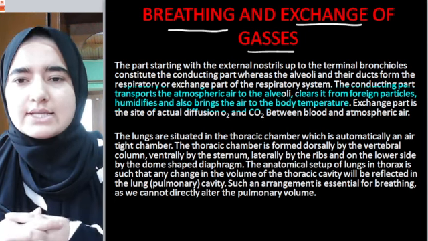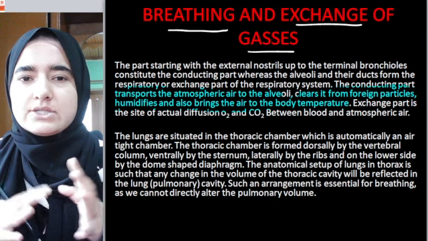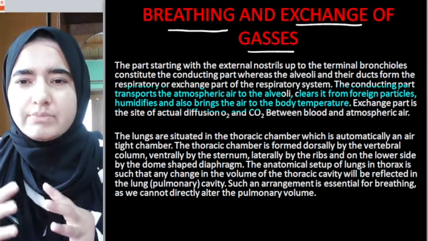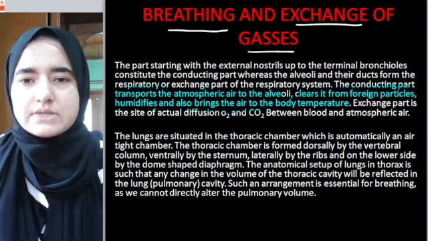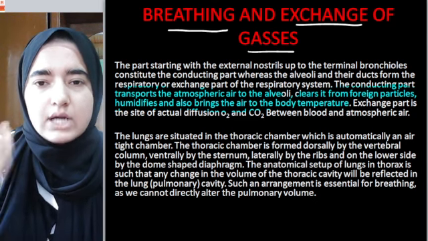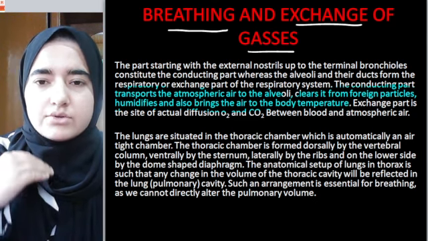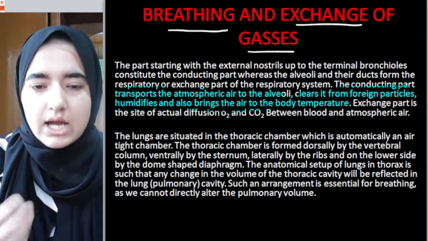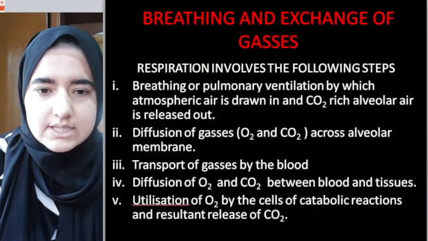Such an arrangement is necessary because when there is a change in volume, there is a change in pressure inside the lungs relative to the outside atmospheric air, and only then can air be drawn in and out. Oxygen can be drawn in, carbon dioxide can be drawn out. I hope this concept is clear.